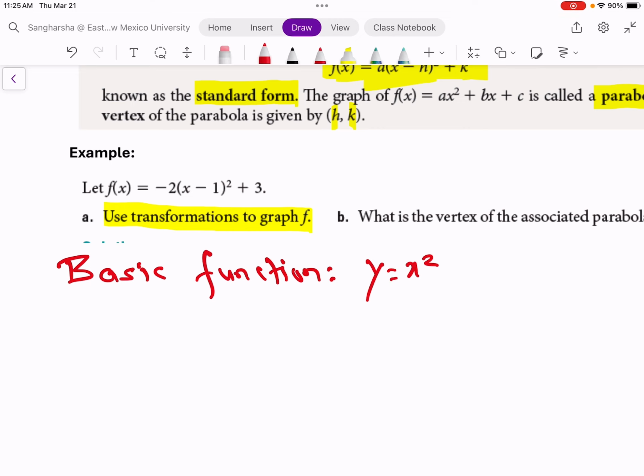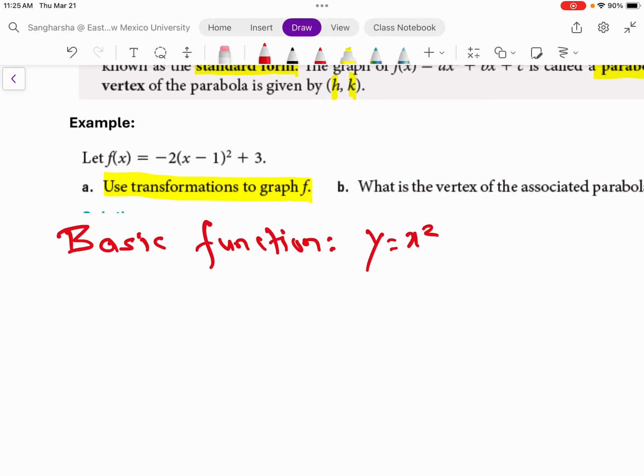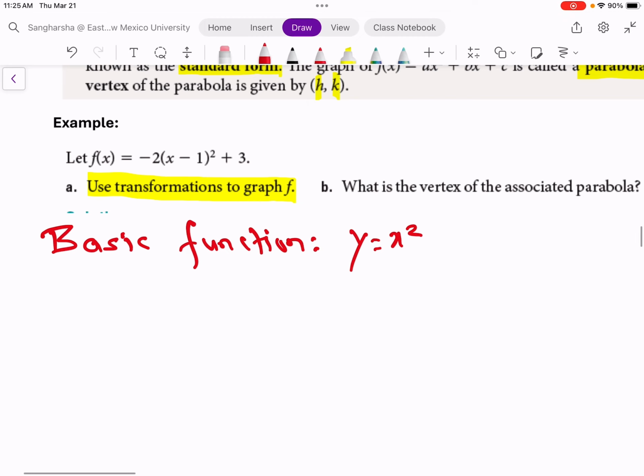Now, from the basic function, we have to get this function. We are allowed to add, multiply, subtract, replace. What is the very first thing we will do here? What do we have to do to this basic function?